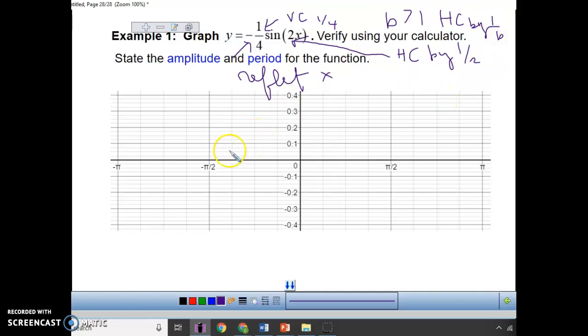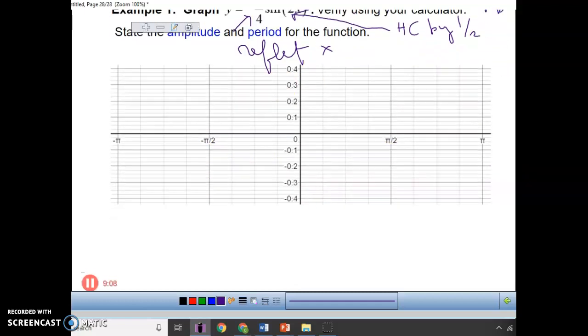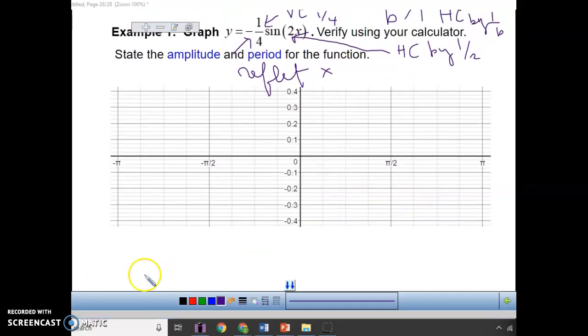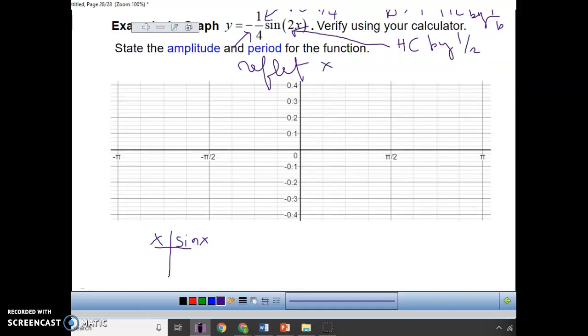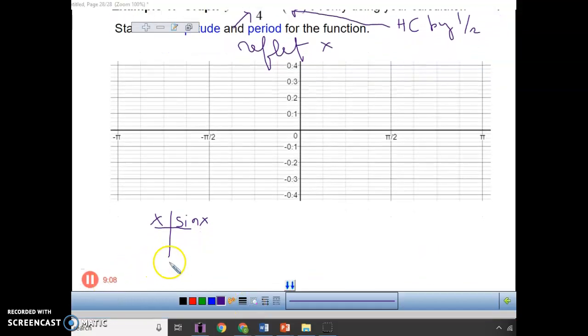Alright, so now let's take that information. After we had our transformations, we would write an XY coordinate grid or an XY table for our values, and we're going to do this based on sine. Please remember, we're only going to do the ones that are the key points.